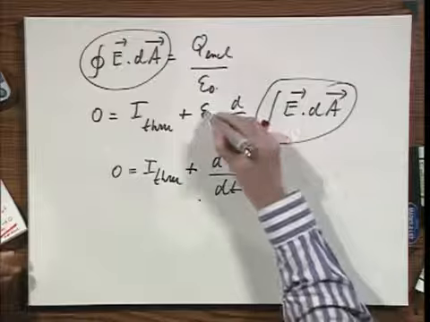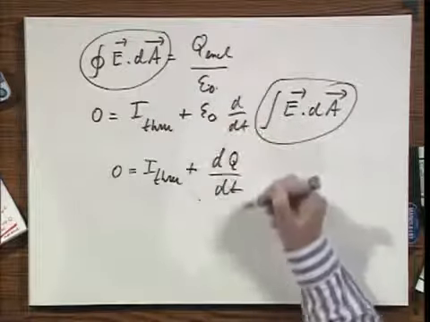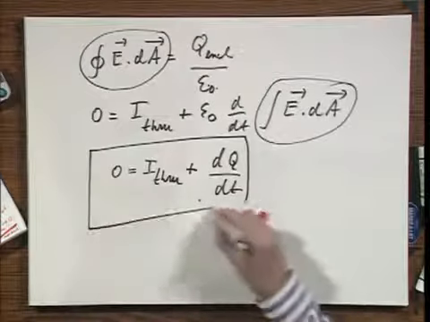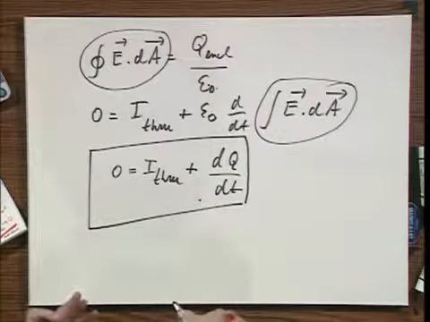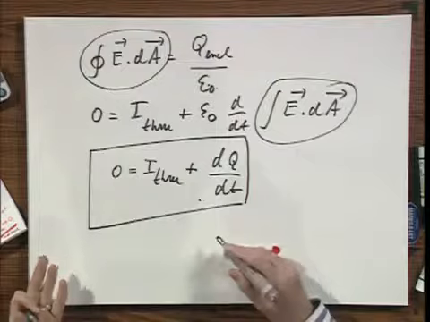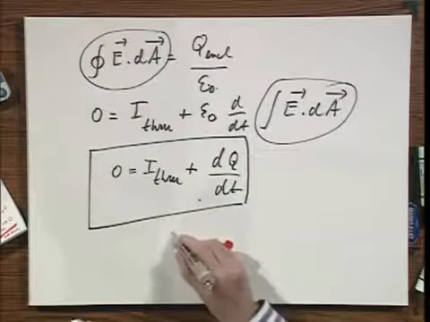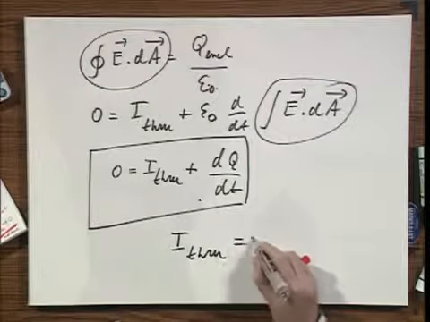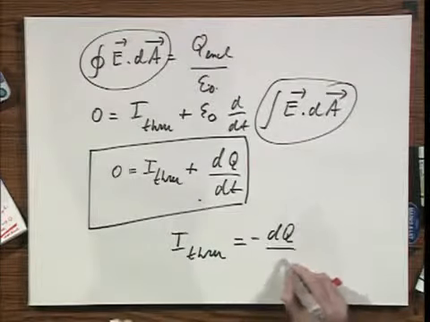I have an epsilon 0 here and an epsilon 0 here, and so they cancel. And this is a totally trivial result. It is immediately obvious. What it's telling you is that I through this closed balloon equals minus dQ/dt.